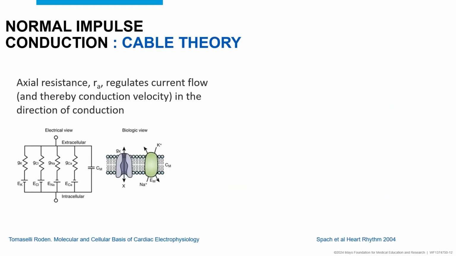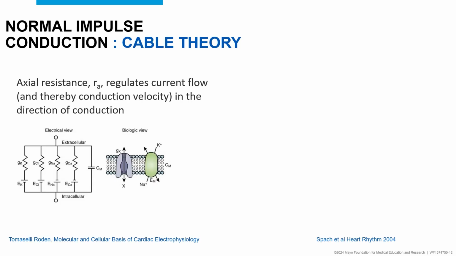And so just as a model, as an explanation for how electrical impulses or electricity will move through a cell, this has been used for many years, is cable theory. And that would be the same for your axons through the body, in the brain, and in the heart. Conduction of electricity through the heart muscle is going to be determined by a few fundamental elements.